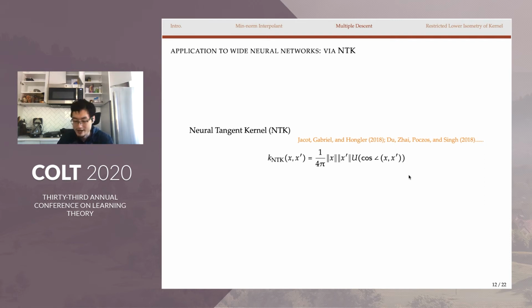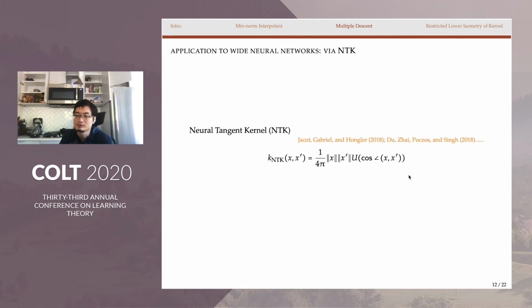So luckily we can directly generalize our result to wide neural networks, where NTK, the neural tangent kernel, is something that can link wide neural networks to kernel methods. People have discovered that if a neural network is very wide, its behavior is going to look like a kernel regression, and the kernel corresponding to this is the neural tangent kernel.